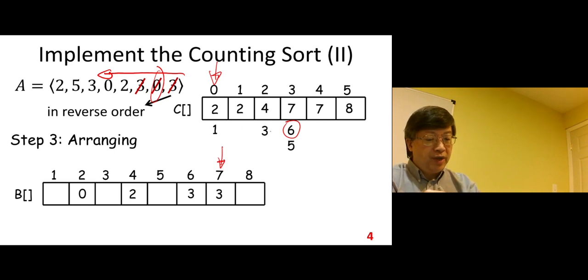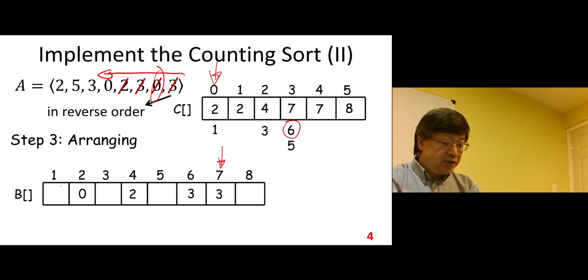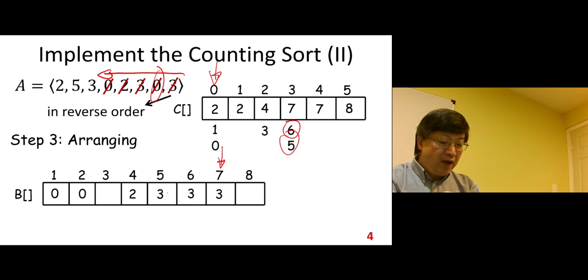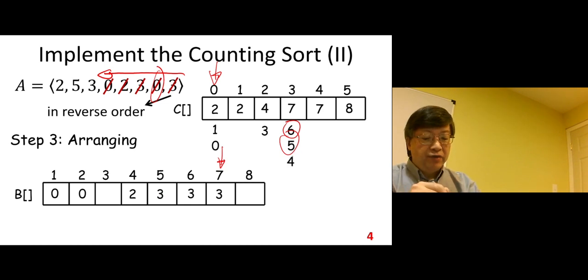Decrease 4 to 3 and cross it out. 0, position 1, so you place it in 1. Decrease the 1 to 0, cross it out. 3, position 5, put it in position 5. Decrease 5 to 4, cross it out.